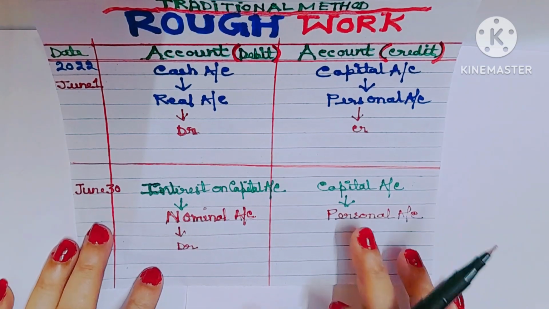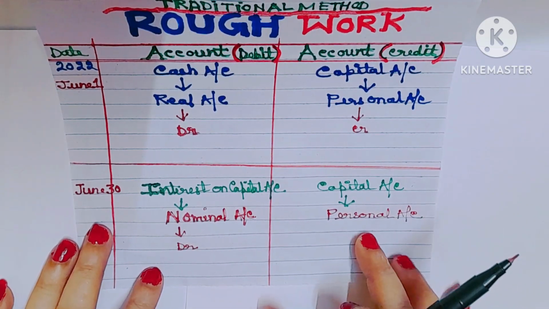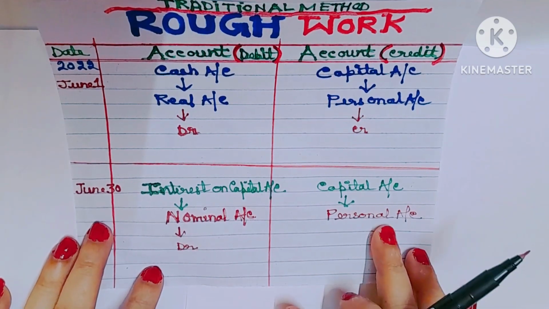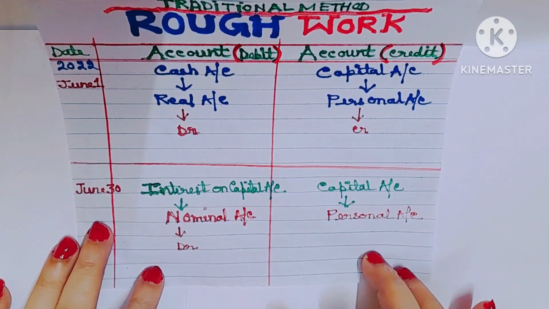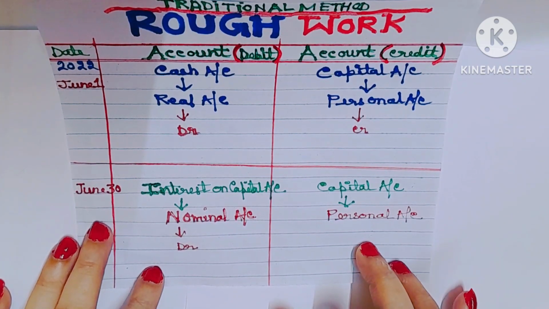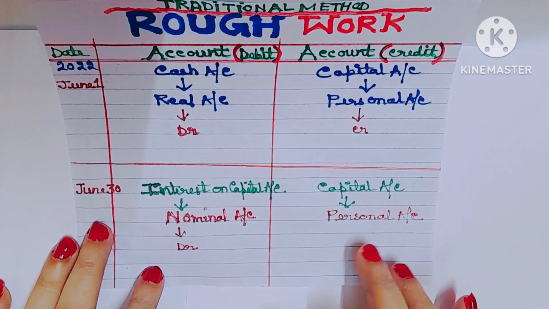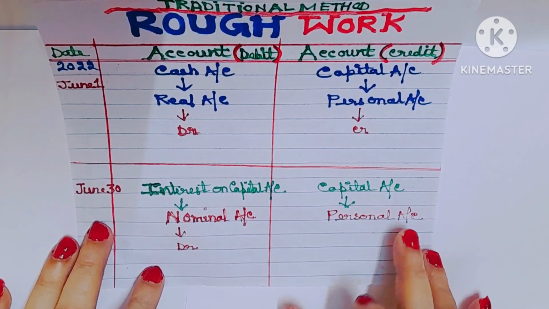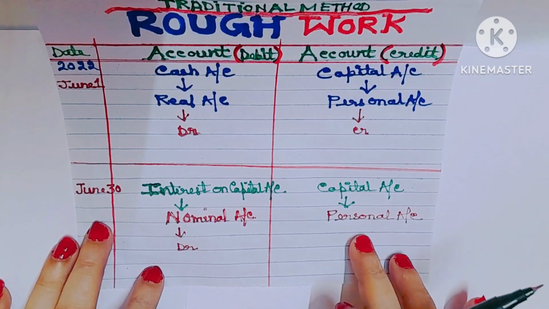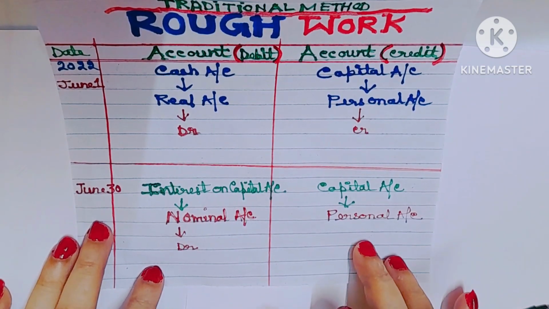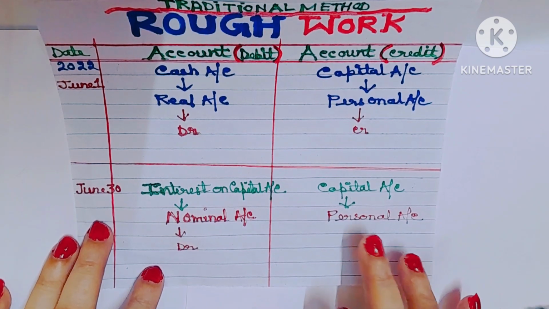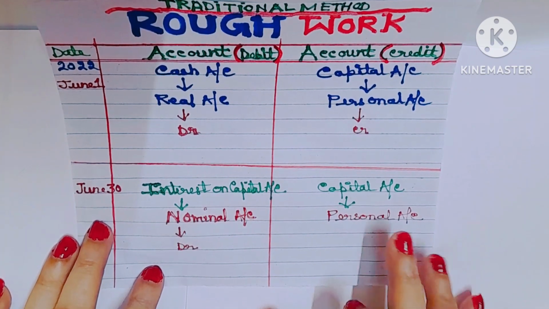Now let's analyze capital account. We already know capital account comes under personal account. See, I've already done. So what is the amount in this case? In this case, capital account is equal to 60,000. Why? Interest on capital is a part of his total capital, that is 6 lakhs 60,000. But he has not brought additional capital of 60,000. But he is going to receive 60,000 as interest on capital.